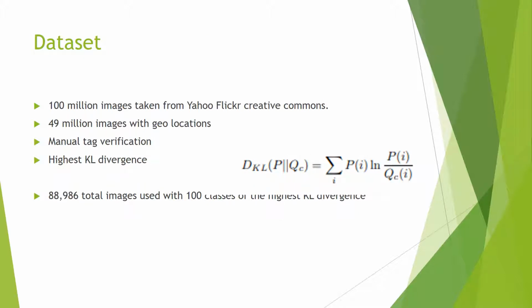To evaluate all the research and features built, the Yahoo Flickr Creative Commons 100 million, YFCC100M, was used. This contains 100 million images from Flickr. 49 million images contain geotags. From the 49 million, manual verification selection methods were used to identify important tags and disregard images that did not actually contain the tag noted.